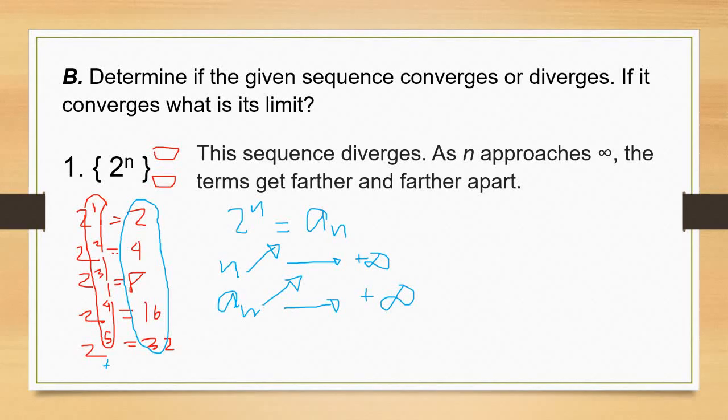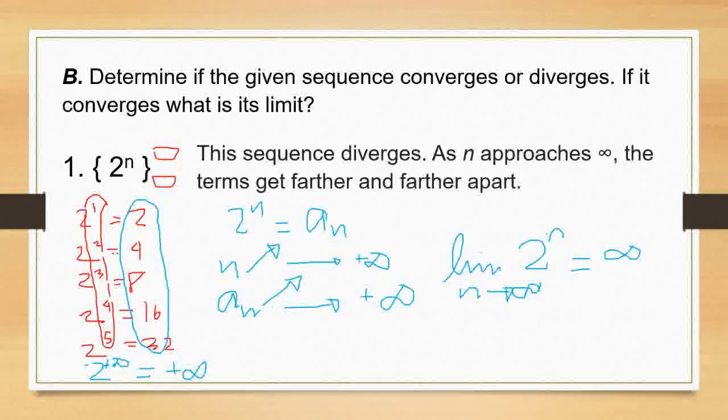Therefore, our limit of 2 raised to n as n approaches positive infinity is positive infinity.